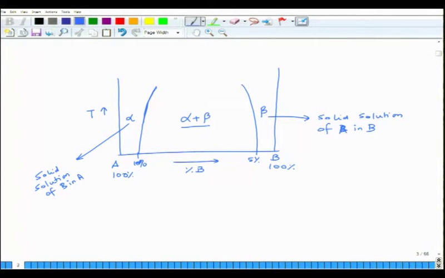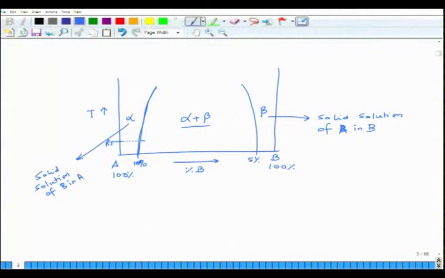But this boundary is the boundary beyond which you cannot add any more B to A. Up to this point at a fixed temperature, let us say room temperature, if you keep adding B to A, it will remain in the structure of A. Beyond this point, it will form the beta phase.